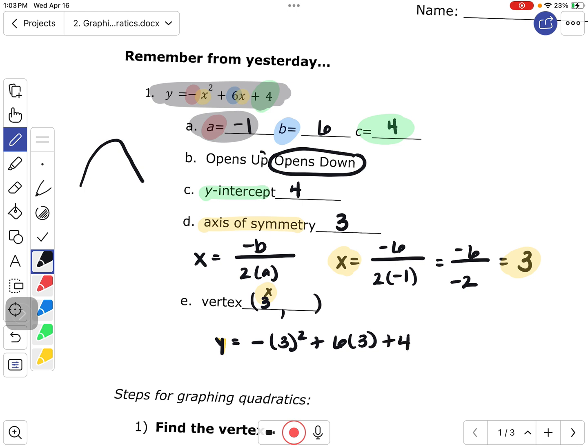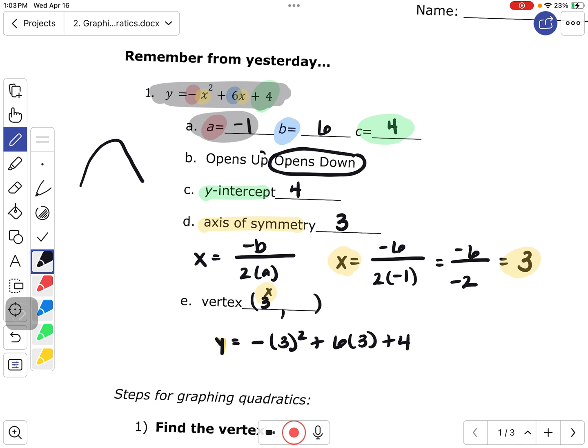If I put all of that in my calculator, I'm going to get, oh, hold on, I did not put all of that in my calculator. So let me put it in my calculator really quick. So I'm going to take it and say negative parenthesis 3 close squared plus 6 parenthesis 3 close plus 4.